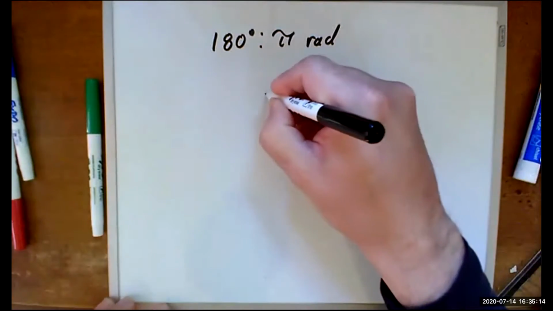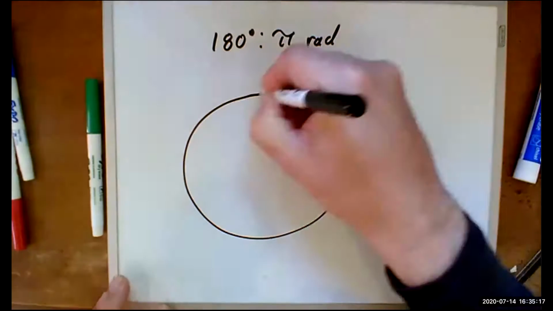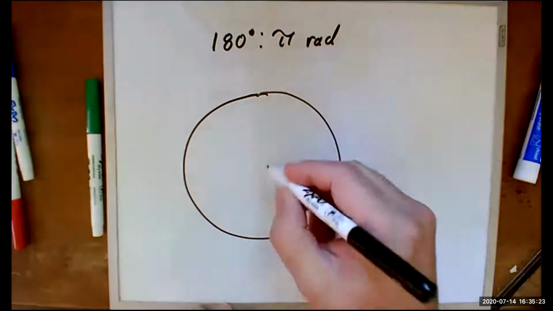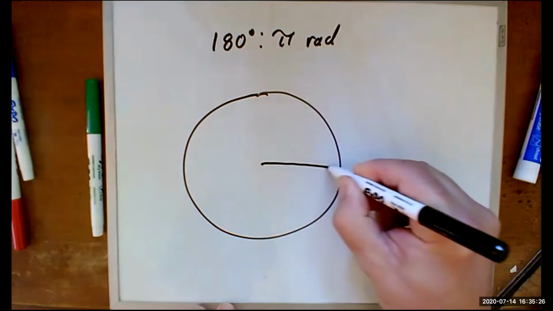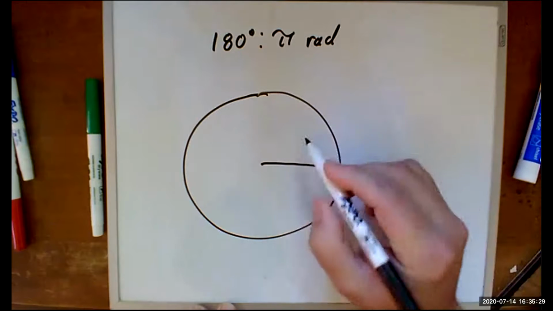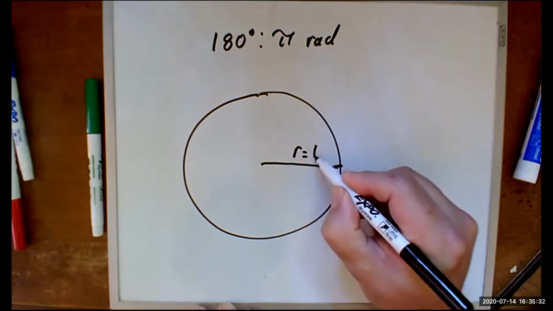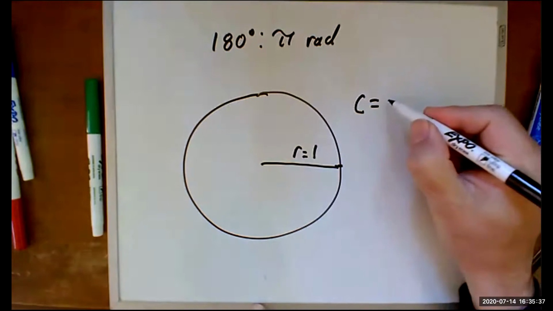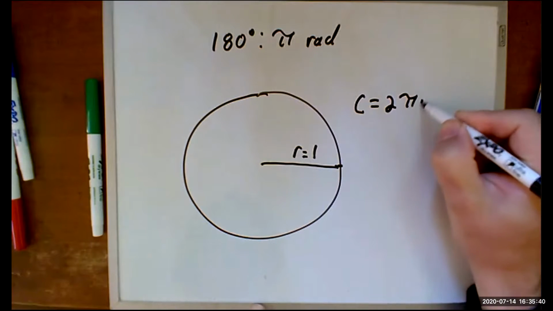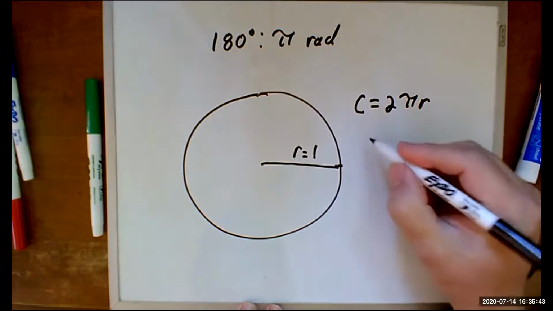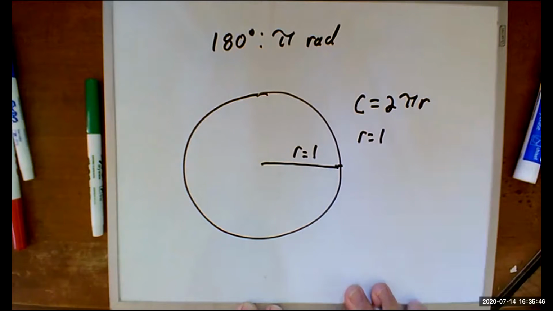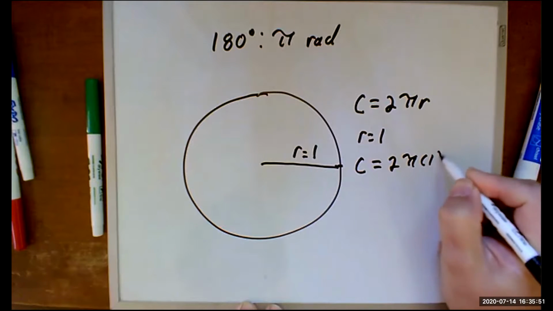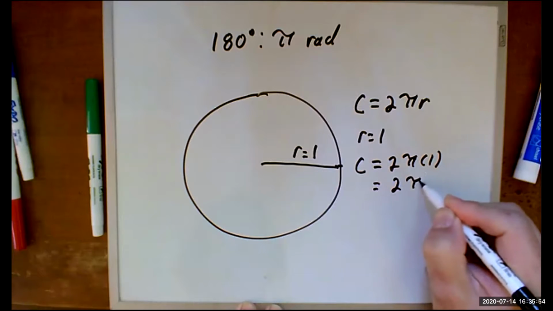The reason I wanted to start it off on the whiteboard for this is just to explain where this ratio comes from. Last week, we were doing geometry. We were talking about circles, and we were talking about the circumference of a circle, that area around the outside. Well, if we measure our radius here, and we see that our radius is equal to 1 unit, the formula for the circumference of a circle we learned earlier was 2 pi r. If we say that our radius is equal to 1, then we can say that our circumference is going to be equal to 2 times pi times 1, which is simply 2 pi.